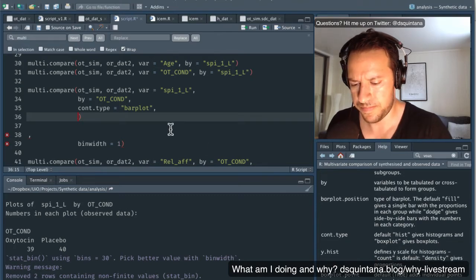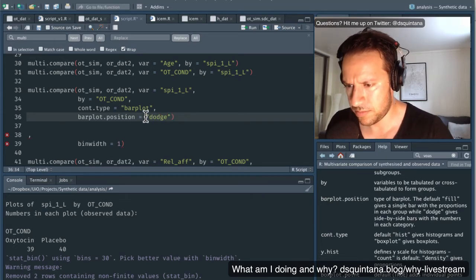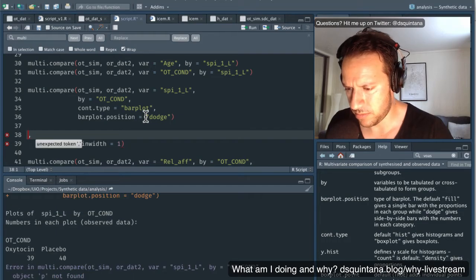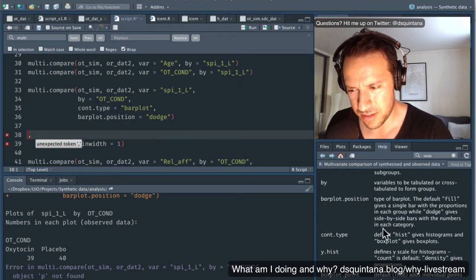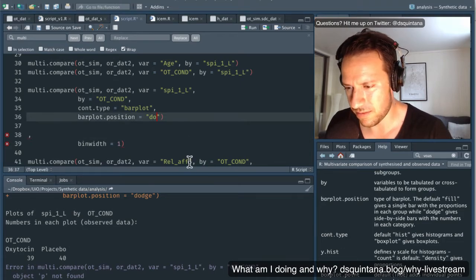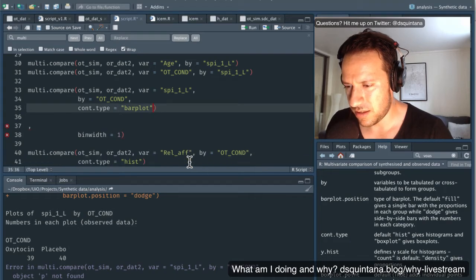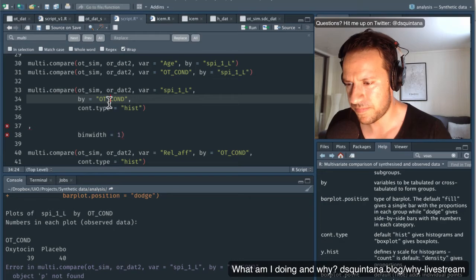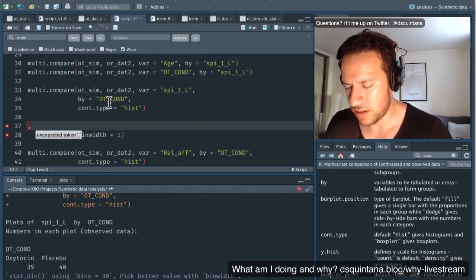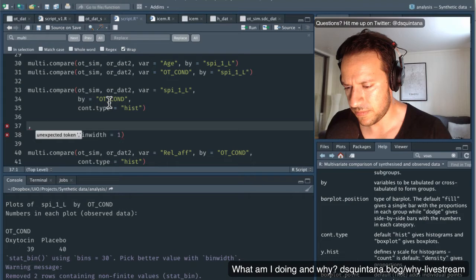Bar plot position dodge. Object P not found. It's already not very informative. Alright, forget that. Still think the hist seems to work the best.